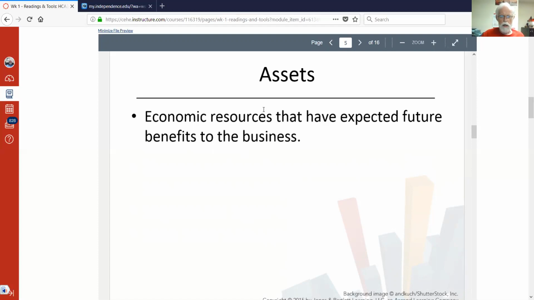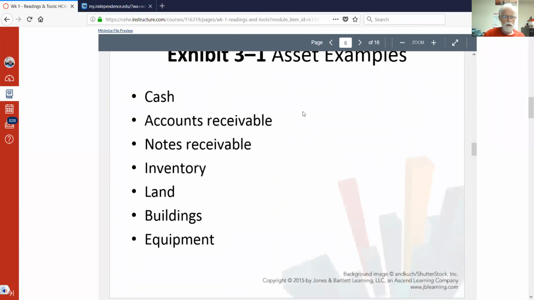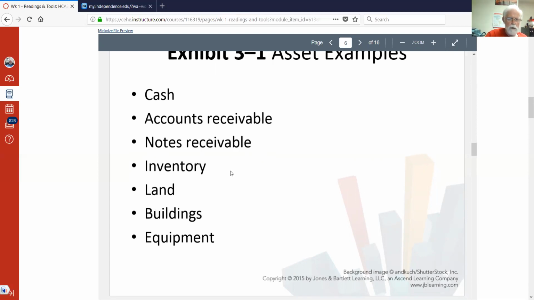So these are all assets. And accounts receivable are an asset because we expect that money to be receivable. Notes receivable, this is related to financial transactions that have a cash flow over time. Inventory, land, buildings, and equipment.